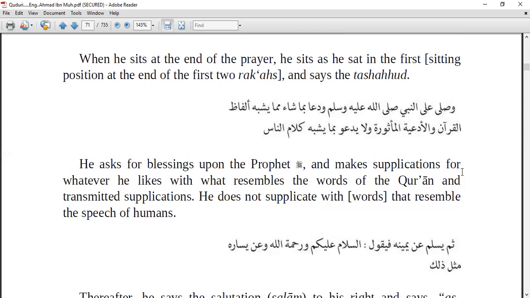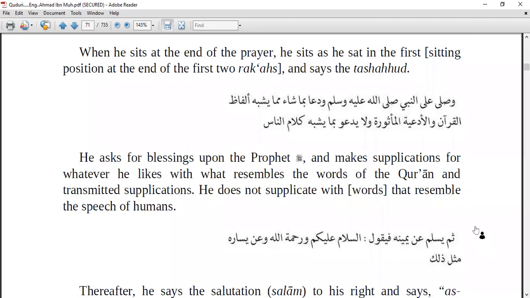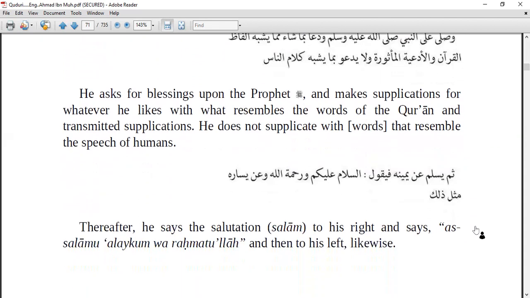ثم يسلم عن يمينه. Then you say the salam, assalamu alaikum wa rahmatullah. Turn your face towards the right. And assalamu alaikum wa rahmatullah. Turn your face towards the left. When you turn your face towards the right, make the intention of saying the salam to the angels on your right shoulder. And if you're in a congregation, make the intention of saying salam to those people praying beside you, both on the right side and on the left side.